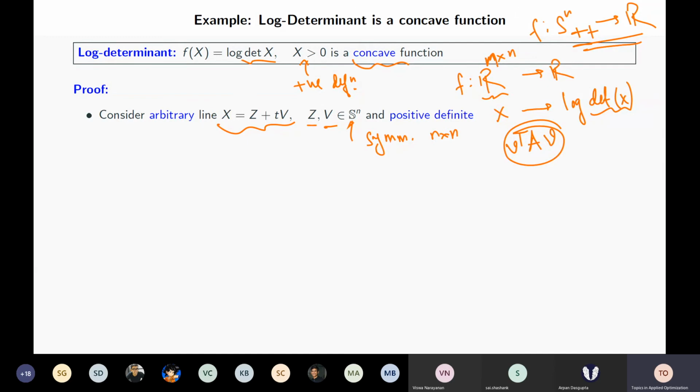By symmetry here, I also mean a square matrix; sometimes I'm mixing symmetry with square. The determinant we need because it is only defined for a square matrix, so that's why we have n by n. And log is defined for positive values, so we also make sure it's positive definite, and positive definiteness is defined over symmetric matrices. That's why we need all this.